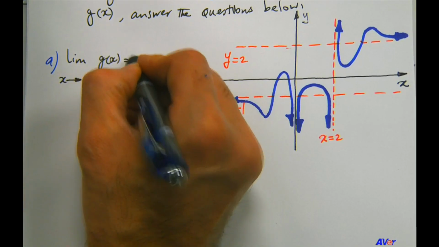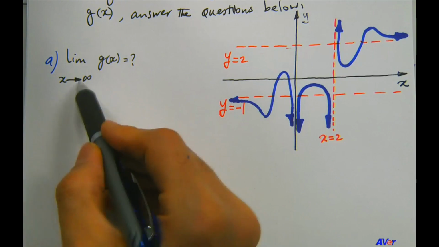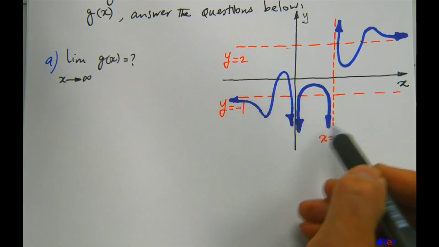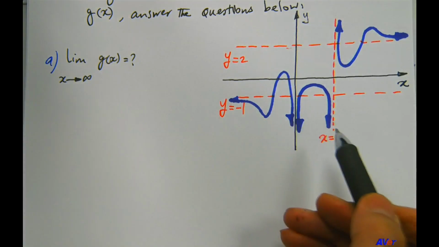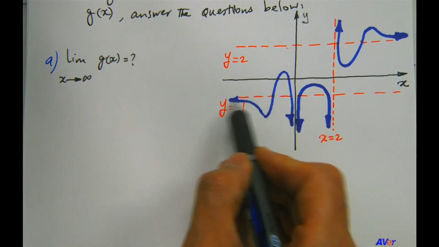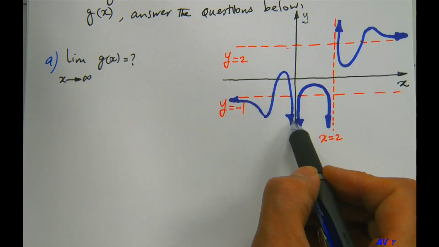Well, as x approaches infinity, are we talking about this piece? No, right? x here varies between 0 and 2. So that's not the piece. Are we talking about this piece? No. This side, x is approaching negative infinity, not positive infinity. On this side, x is approaching 0.